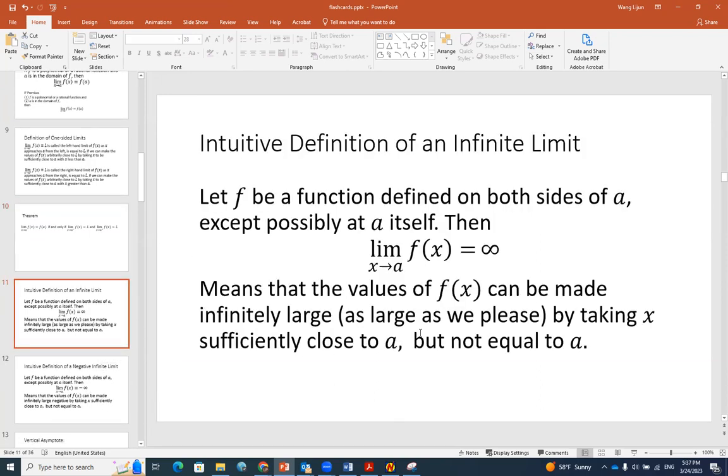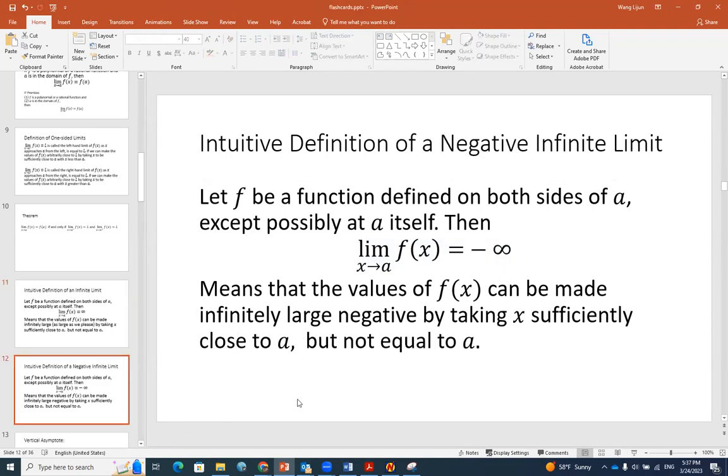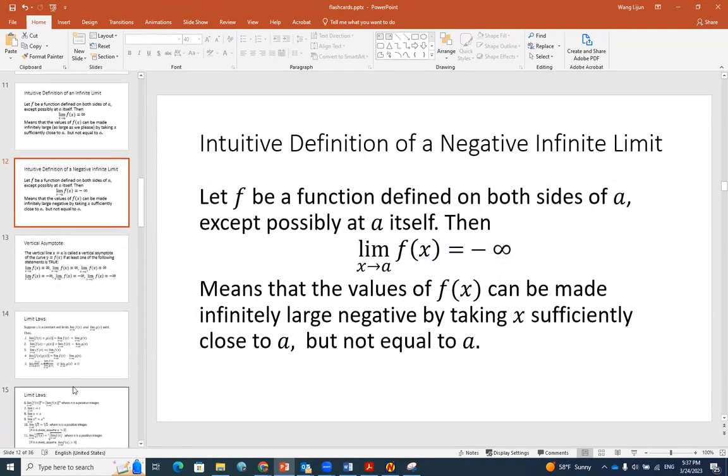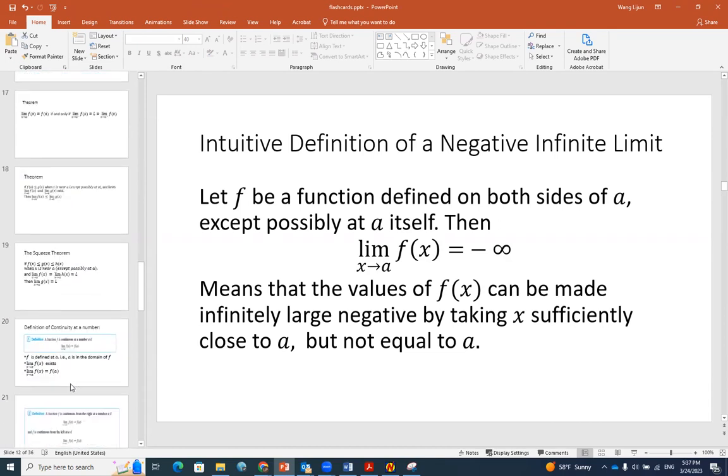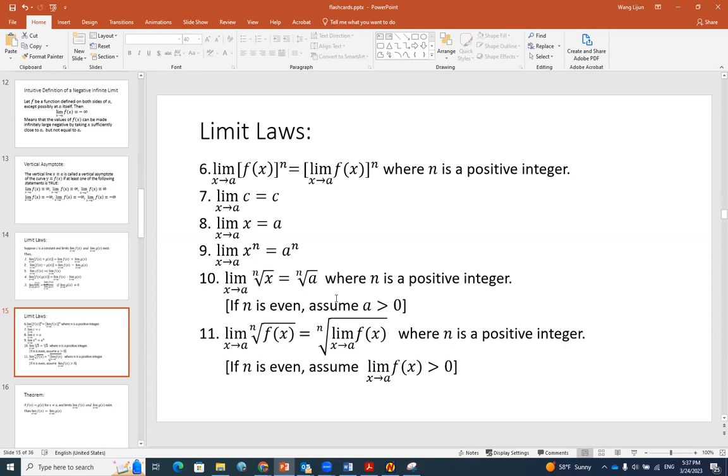And we have studied the limit of functions at a finite number. A is a finite number, and we studied if the limit does not exist, which is of the form where the limit is positive infinity or negative infinity. And we have learned all of these properties about limits, right?